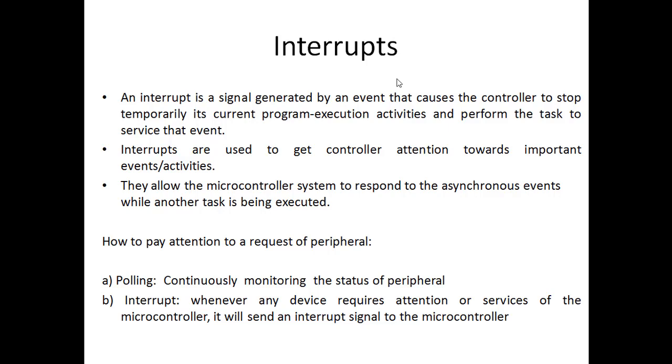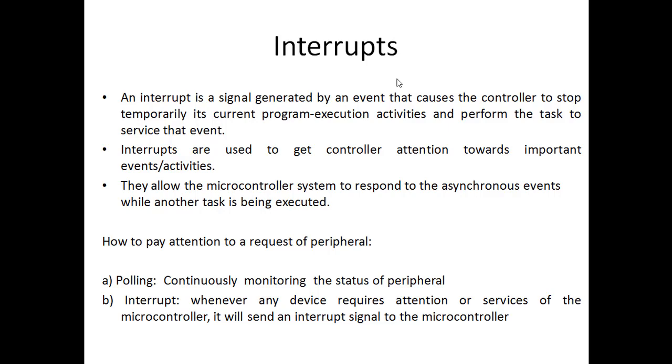It will continuously monitor the status of the peripheral, but while it is doing the same, it cannot perform other tasks, because it is continuously monitoring, which means its time is getting wasted. It may be possible that the peripheral is not requiring any request or any service from the microcontroller. It is not wanting any attention from the microcontroller, but the task has been assigned to the microcontroller: you have to continuously monitor whether my peripheral requires service or not. So unnecessary time wastage and power wastage happen in the concept of polling.